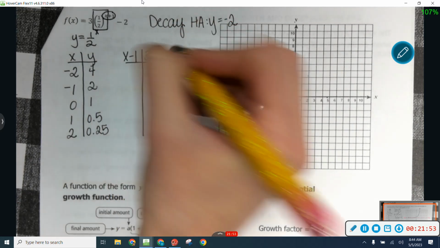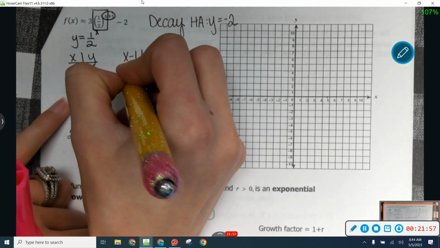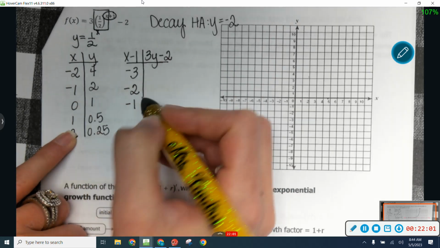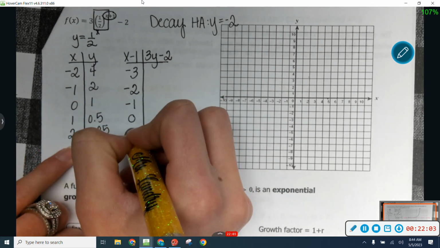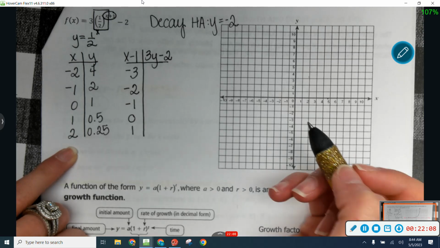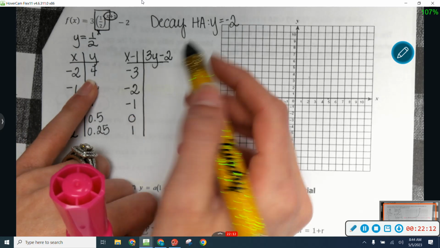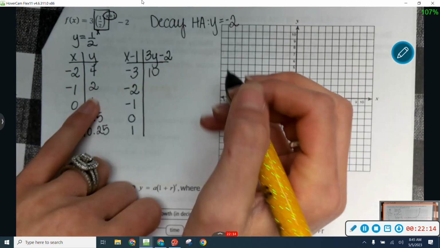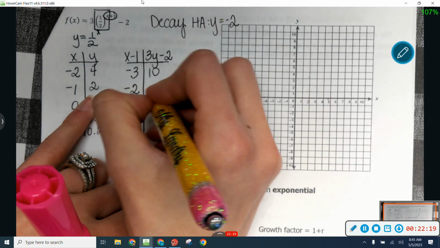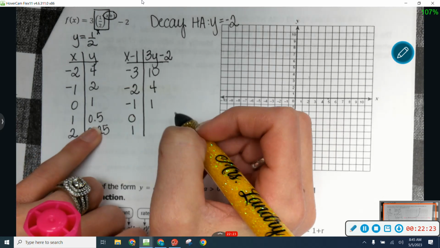3y minus 2. Alright, so my x is -2 minus 1 is -3. -1 minus 1 is -2. 0 minus 1 is -1. 1 minus 1 is 0. 2 minus 1 is 1. Okay, then your 3y minus 2. 4 times 3 is 12, minus 2 is 10. 2 times 3 is 6, minus 2 is 4. 1 times 3 is 3, minus 2 is 1.